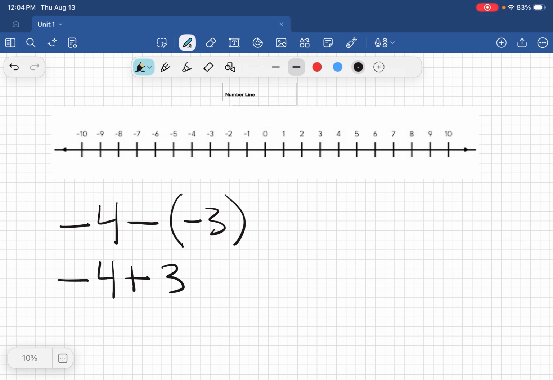We're going to start at negative 4 and move right 3 spaces. 1, 2, 3. So negative 4 plus 3 is negative 1. And negative 4 minus negative 3 is also negative 1.